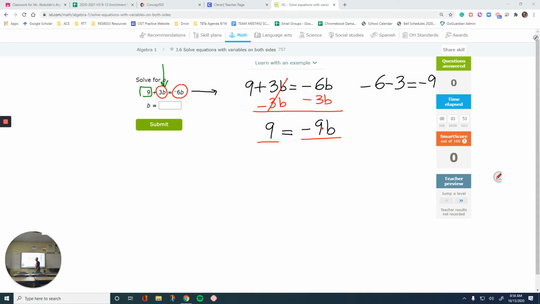I'm not going to divide each side by 9. That's a big difference. If you do it this way, it will be wrong, because the number is negative 9, not positive. So I need to divide each side by negative 9 to get the b by itself. So b is going to be by itself on the right side. Divide these two numbers. 9 over negative 9 is negative 1. So the answer to this would be negative 1.